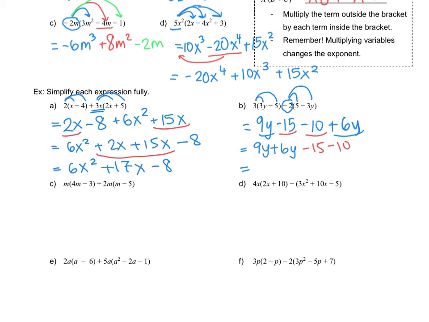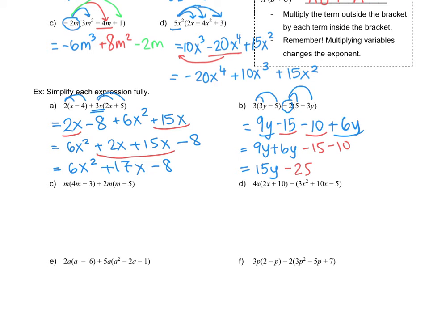So when I collect these, 9 plus 6 is 15, so 15 y's in total, and then negative 15 minus 10. So if you are using your calculator, make sure you are putting that negative in there so that you get negative 25. If you just write 15 minus 10, you're going to think that the answer is 5 and write minus 5, which is completely wrong. So be super careful with your signs.